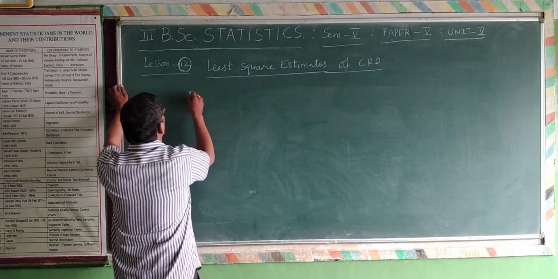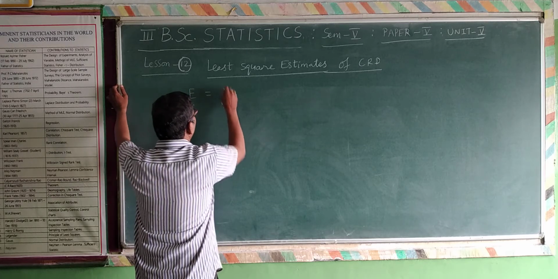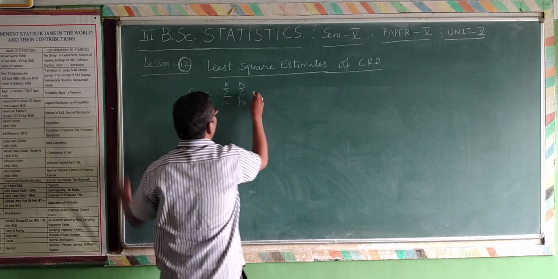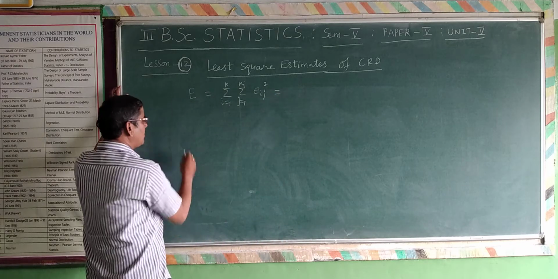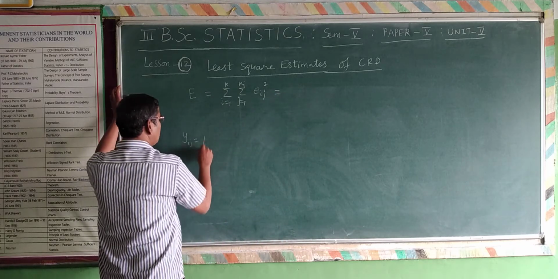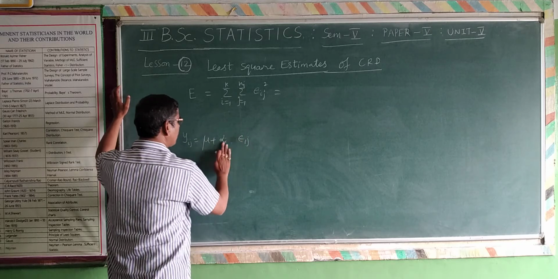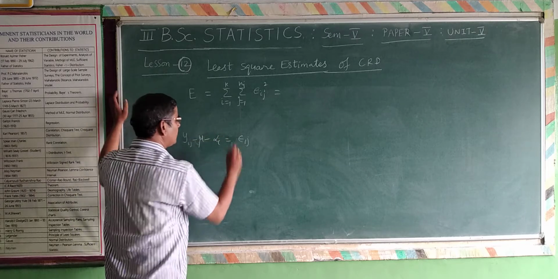I consider first of all the error component E. It is nothing but summation i equal to 1 to k, summation j equal to 1 to ni, epsilon ij square. What is epsilon ij? We know the mathematical model: Yij is equal to mu plus alpha i plus epsilon ij. Therefore epsilon ij is equal to Yij minus mu minus alpha i.